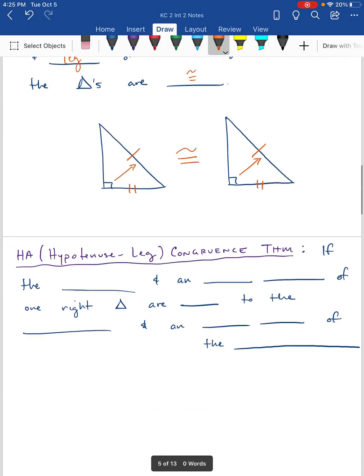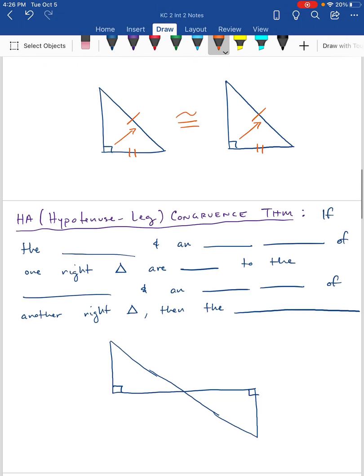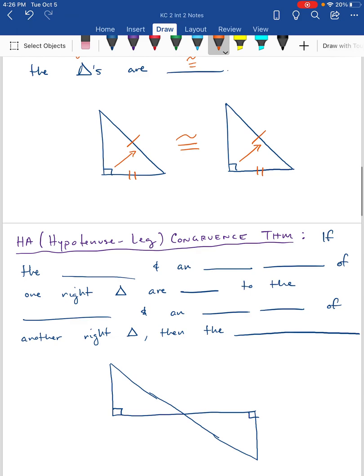Okay, the next one is the hypotenuse angle congruence theorem. I'm sorry, I messed that up. Hypotenuse angle congruence theorem, the HA theorem.